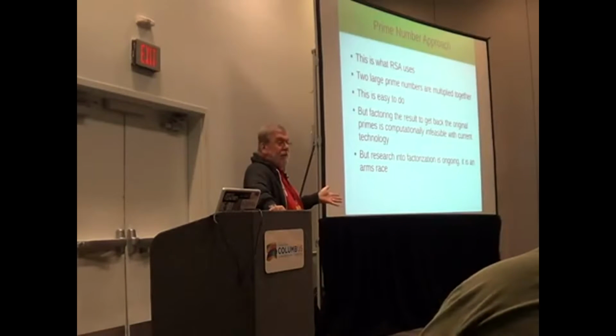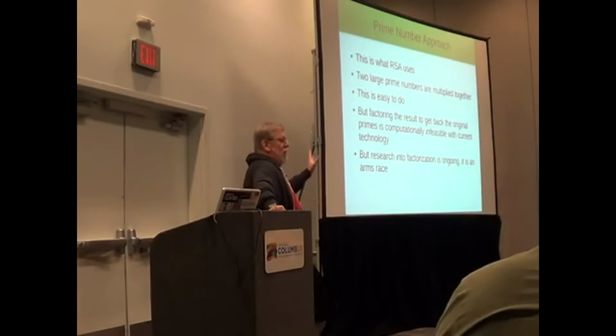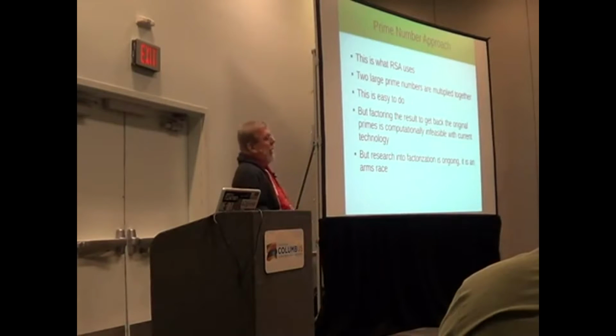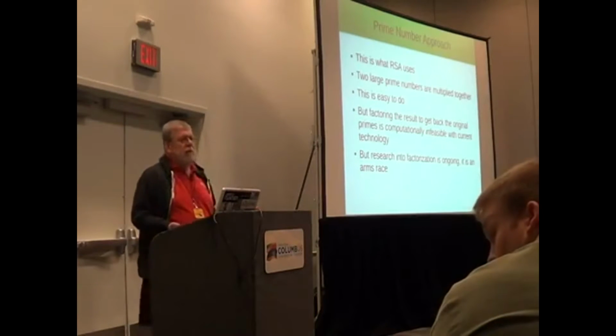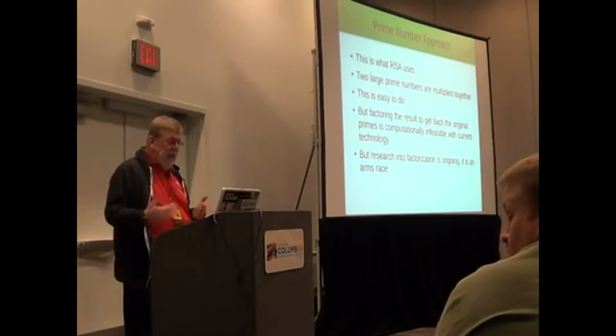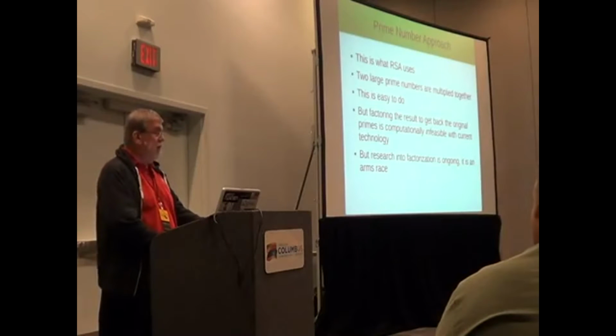Well, everyone laughed because a prime number doesn't have factors. But what he was talking about was this problem, you know? Research is going on all the time with this stuff. And you probably want to keep up with it if you're at all interested in security.